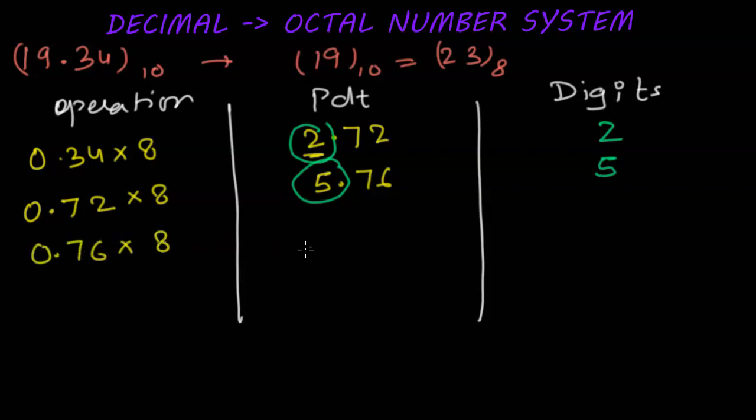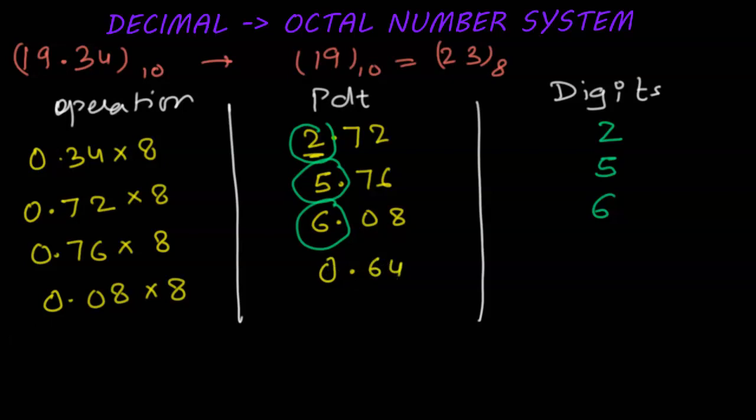Again, multiply by 8. What we have is 6.08. The number that we need to note is 6. Now what is remaining is again 0.08 into 8, which amounts to 0.64. Now again 0. So the 0 goes over here. And this we can go on for how much ever time we want.